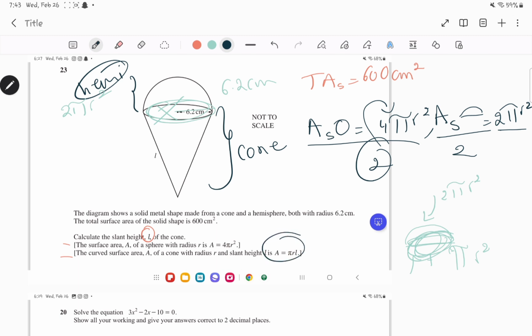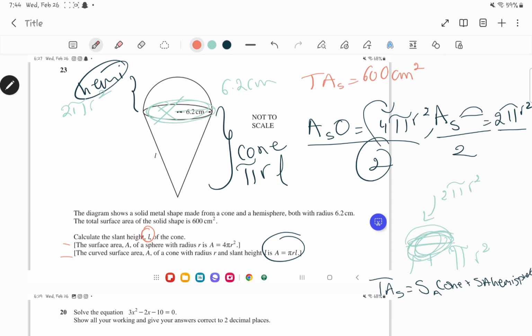We also know that the curved surface area of the cone is pi r times the slant height, which is L. So what we can do now is form an equation. The total surface area is equal to the surface area of the cone plus the surface area of the hemisphere, but not all of the hemisphere, of course.